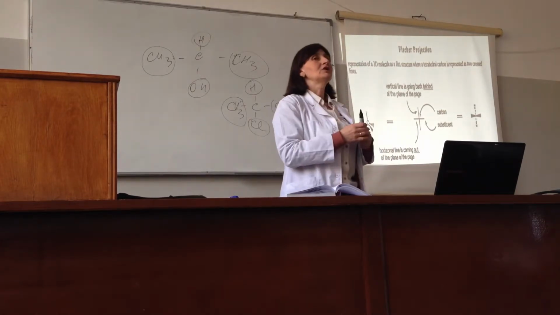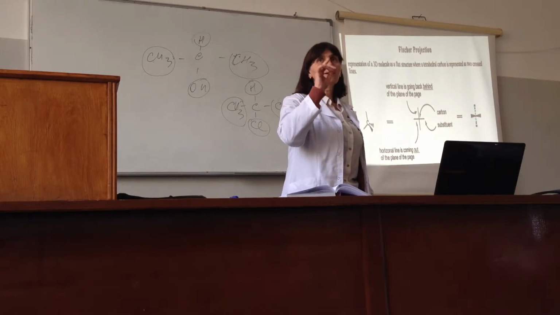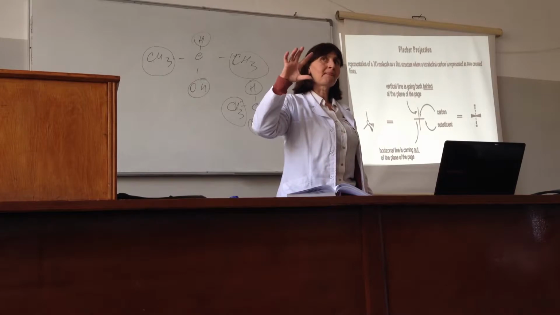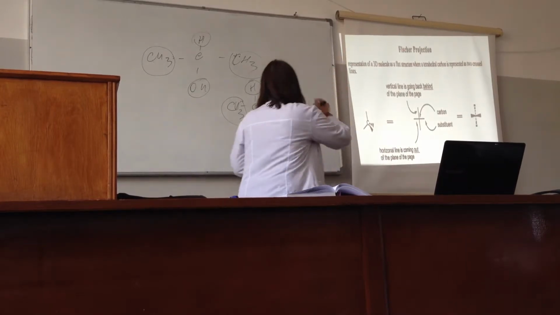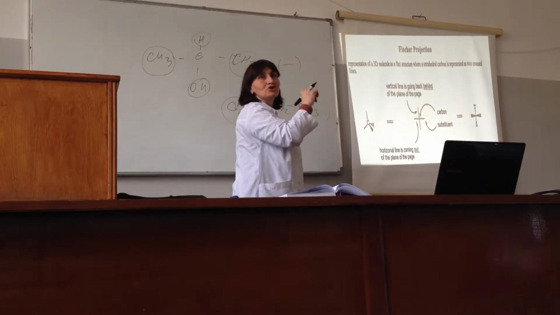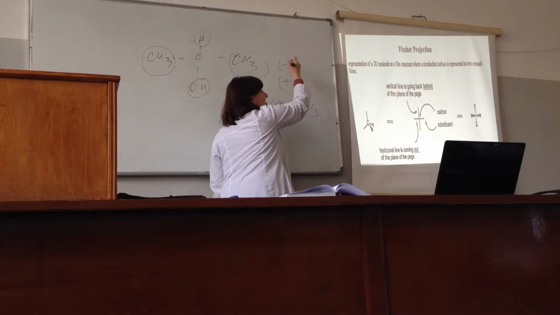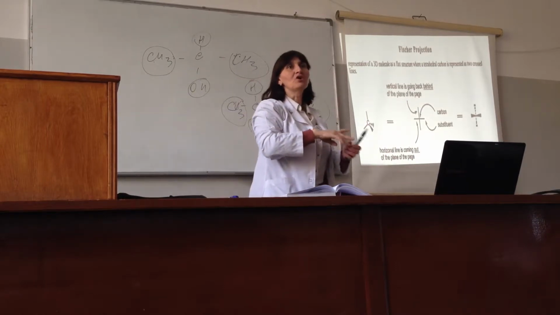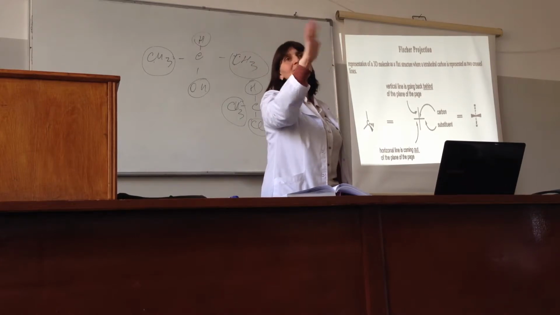Now how can you determine the absolute configuration of your molecule? First of all, please remember that the one which rotates to the left side we sign as minus, and the one which rotates to the right side means plus. But this only shows you the direction in which the polarized plane rotates.